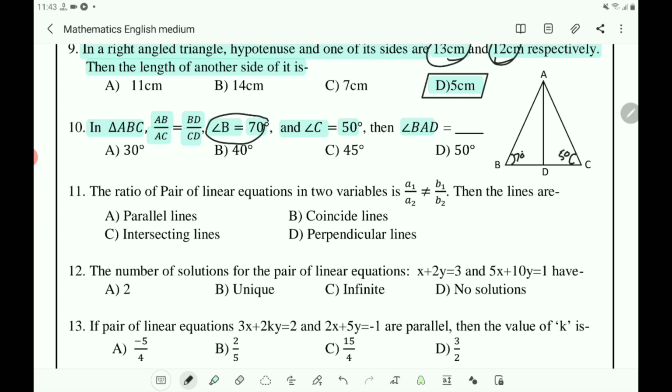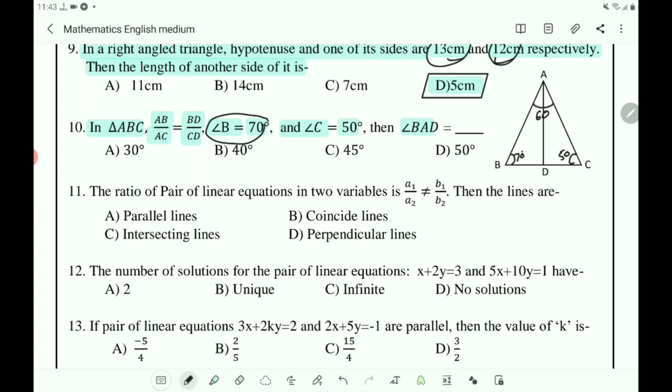Then by using the angle sum property of a triangle, angle BAC is equal to 180 minus 70 plus 50. 70 plus 50 is 120. So 180 minus 120 is 60 degree.